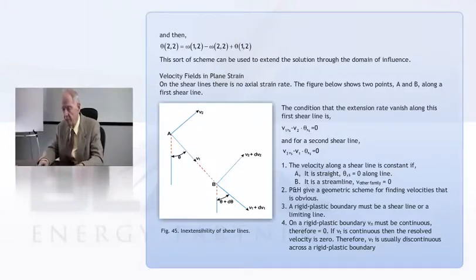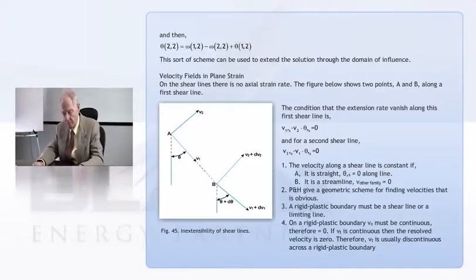The case of the velocity fields is much simpler because what you know is that on the shear line, the shear stress is K. And what you will have is no extension on that line. It's just shearing. It might just be one layer sliding over another on those lines.